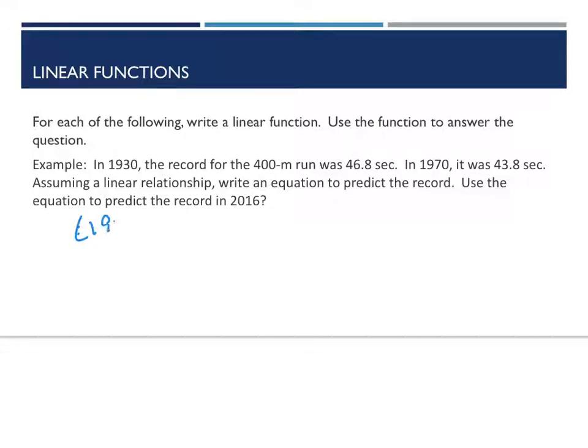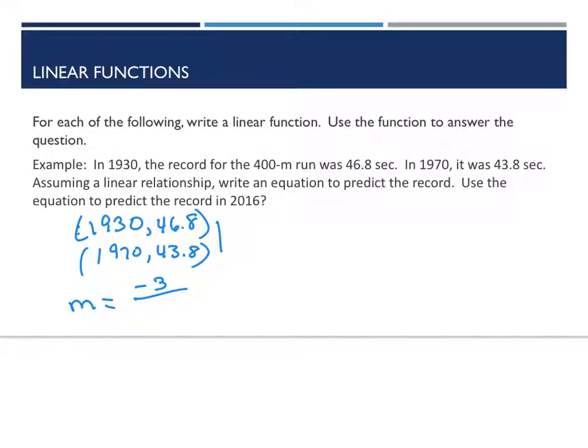In 1930, the world record was 46.8. In 1970, it was 43.8. I want to know how much the record changed. So from here to here, it went down 3 seconds. It went down by 3 seconds over what period of time?